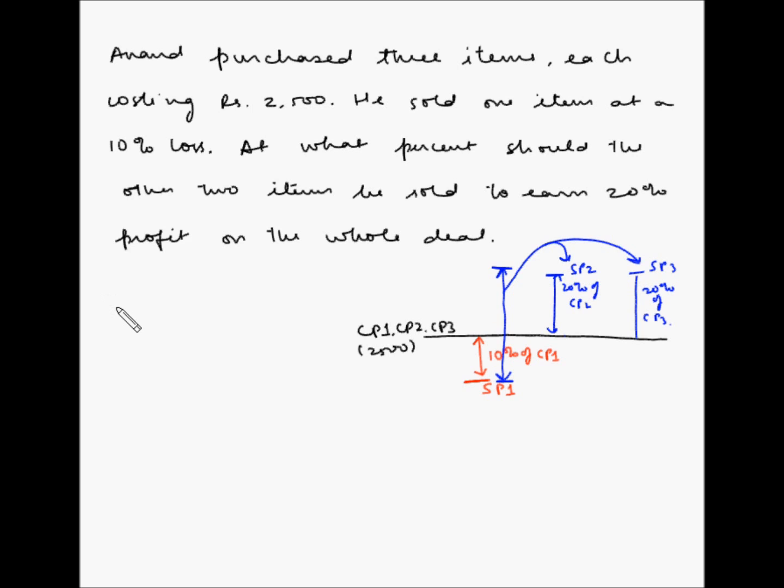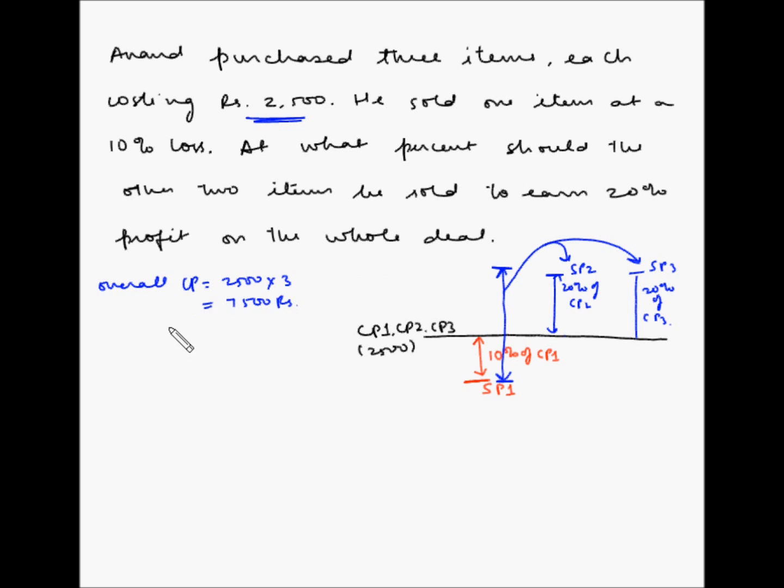So here we have been given the overall cost price. So overall cost price is equal to 2500 multiplied by 3, because there are 3 items and each item costs 2500 rupees. So this is equal to 7500 rupees. Now we want to have a profit of 20% on the whole deal.